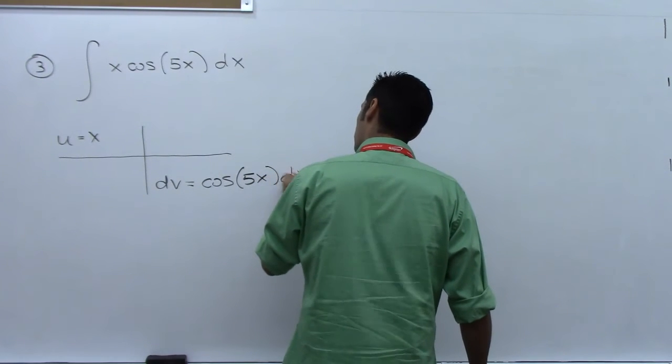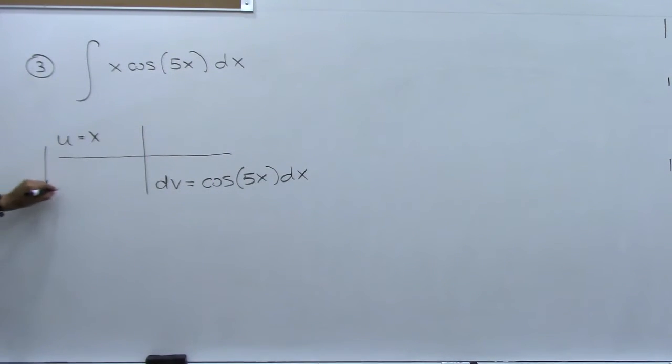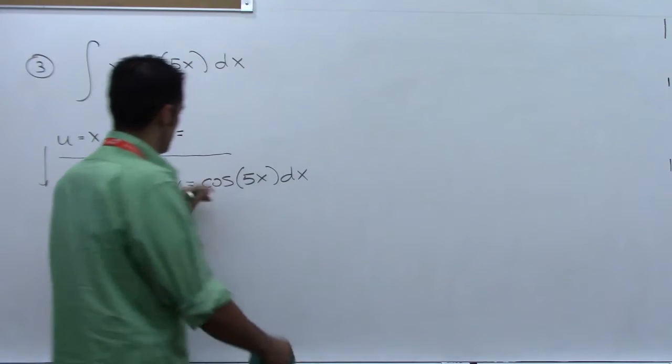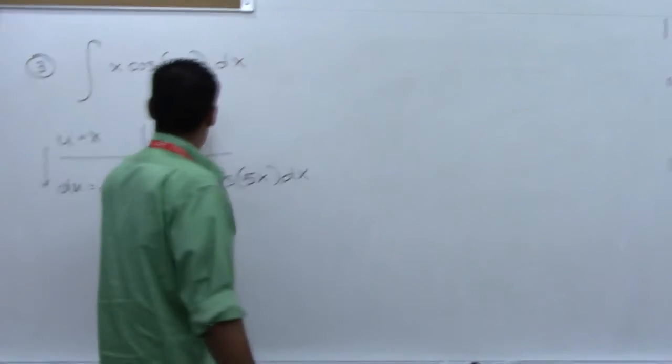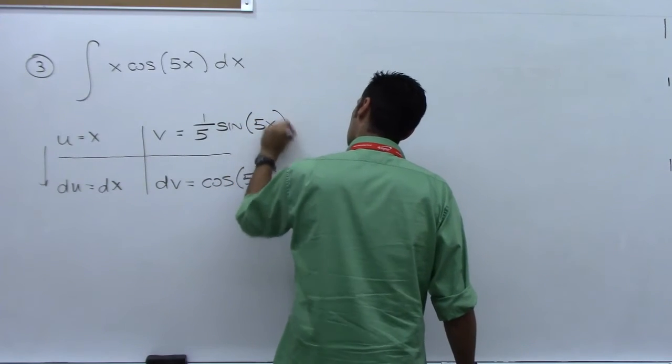The derivative, du, is dx. And the antiderivative of this is 1/5 sine 5x.